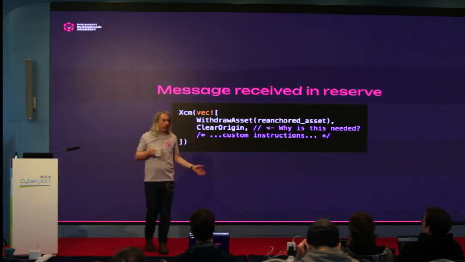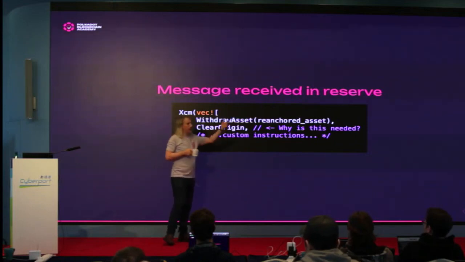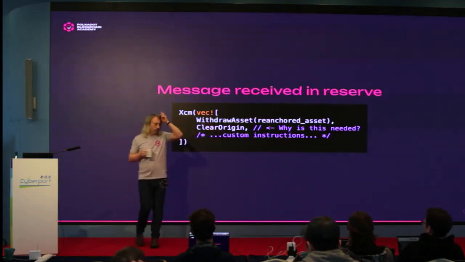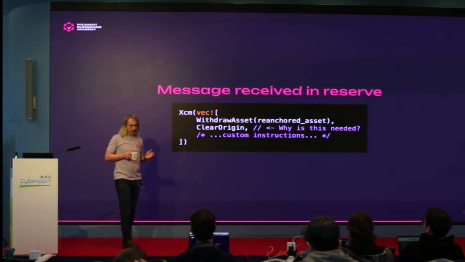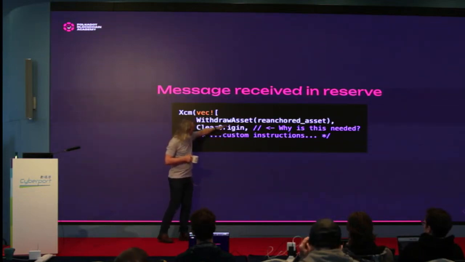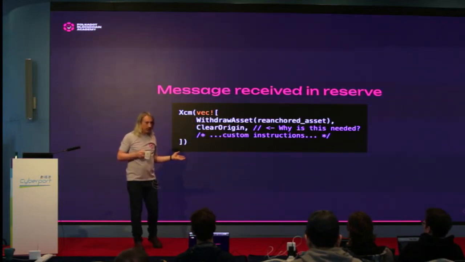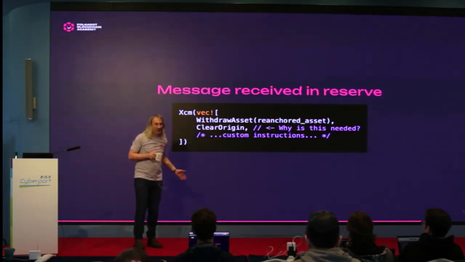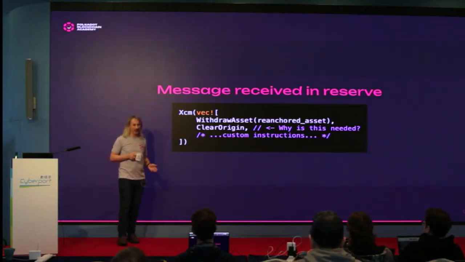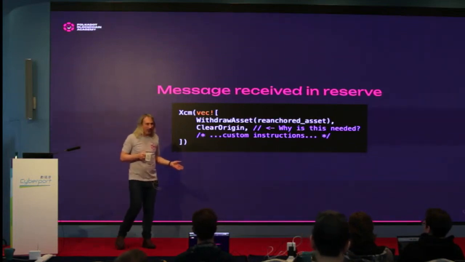A randomer, a person that owns or holds some DOT on the Acala chain and wants to now use that DOT on the relay chain. If we allowed them to do anything, well, we do allow them to do anything. If we didn't clear the origin, these instructions would execute with the Acala chain's origin, and therefore they could withdraw all of the other stuff that the Acala chain holds on the relay chain. Yeah? Which obviously we can't allow.